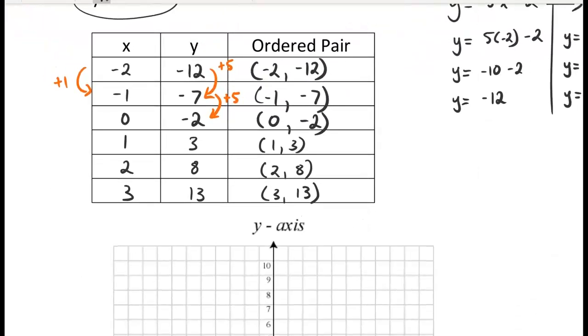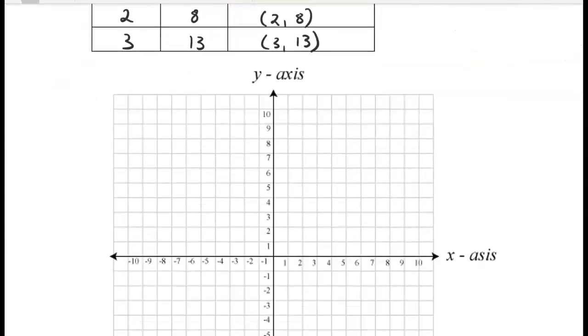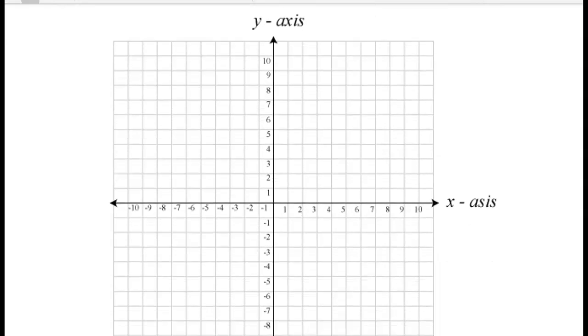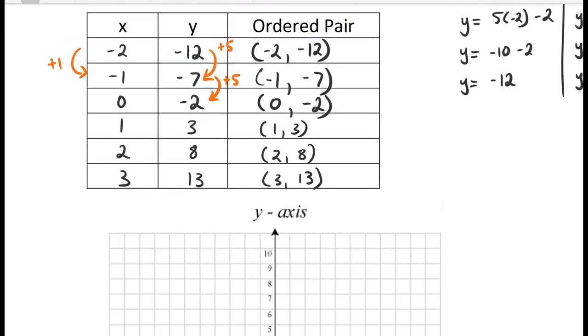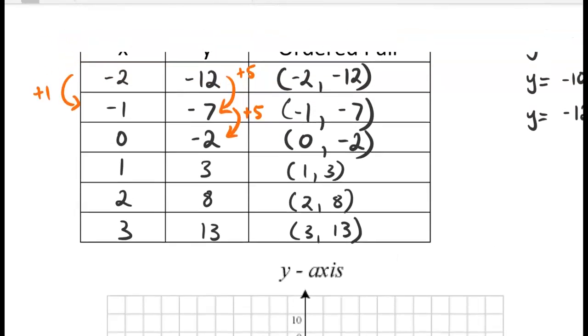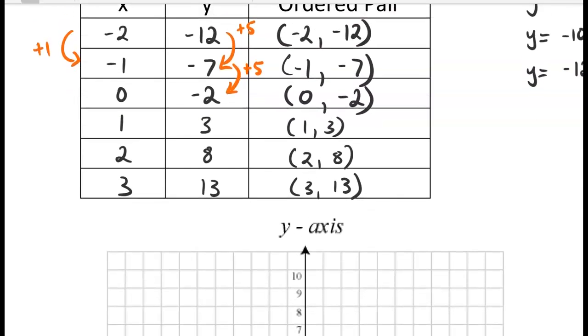So now we've finished off our ordered pairs, and what we're going to have to do is plot our ordered pairs. Now, looking at our graph here, you'll notice that it goes up to 10 in either direction. So anything over 10 is not going to fit. So negative 12 won't fit on there, and 13 won't fit on there as well. So what we're going to start off with is something that we know will fit on there.